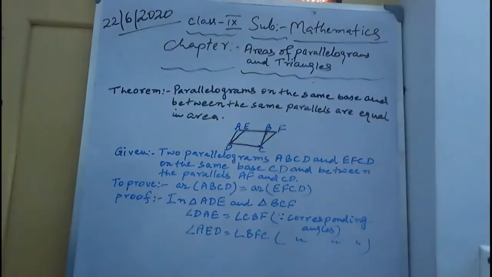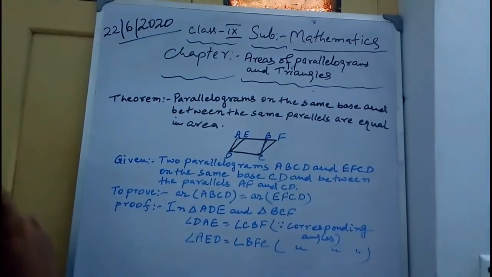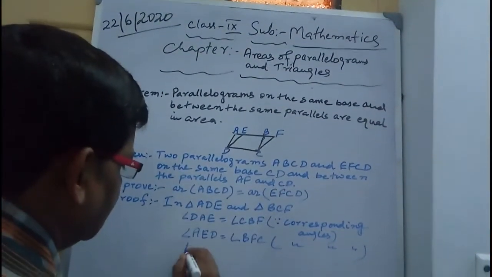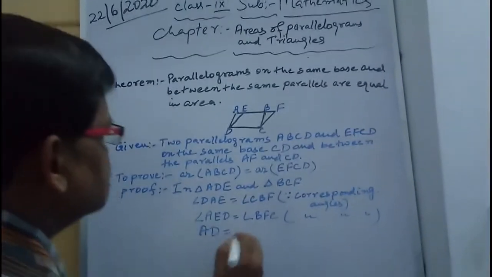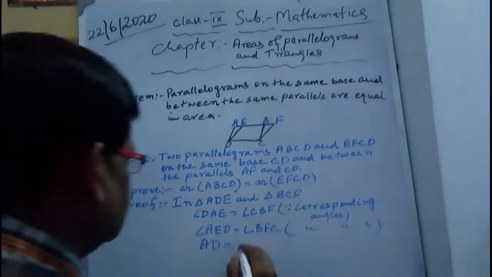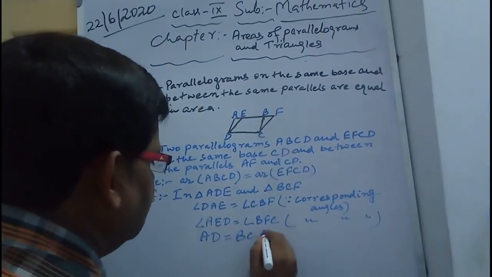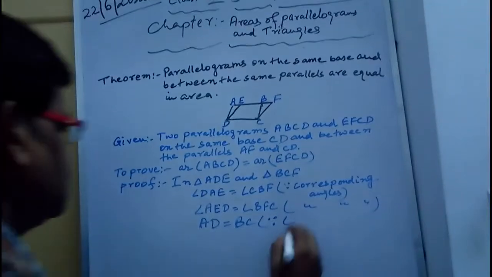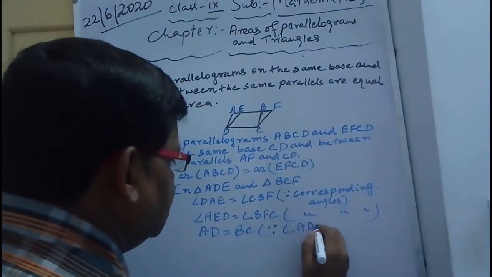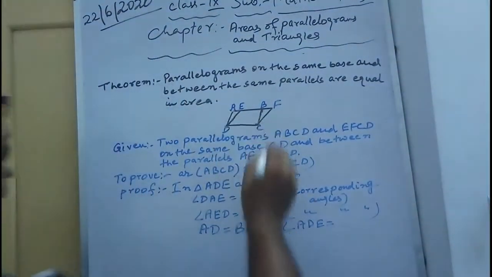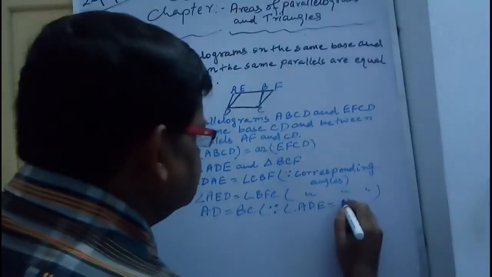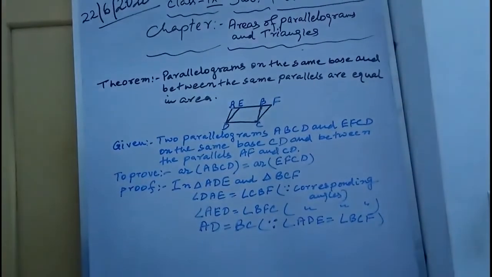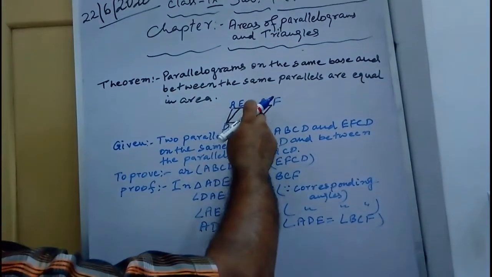When the third angle is equal, angle ADE is equal to angle BCF.